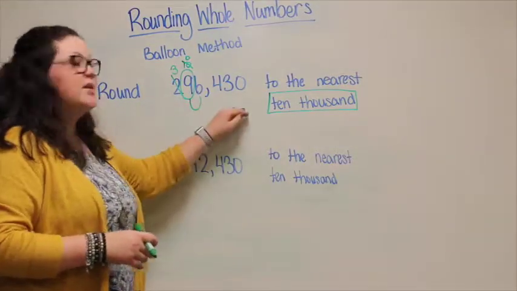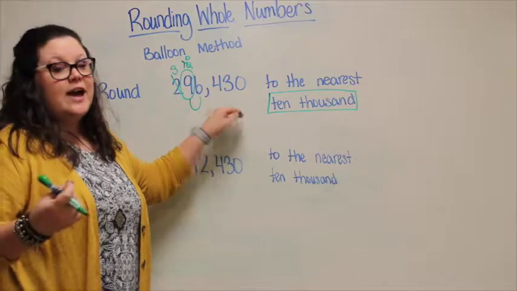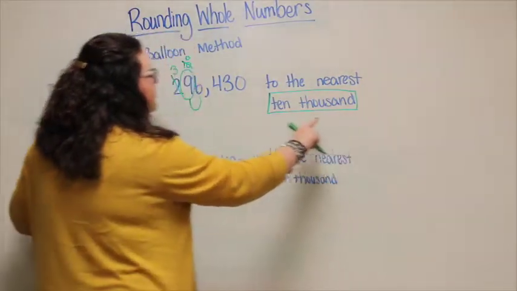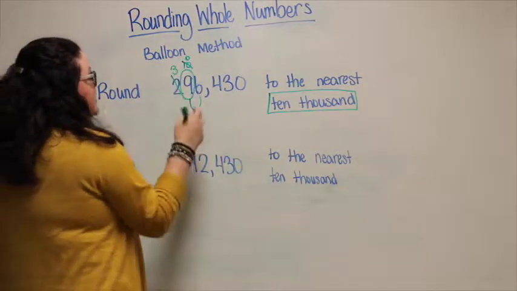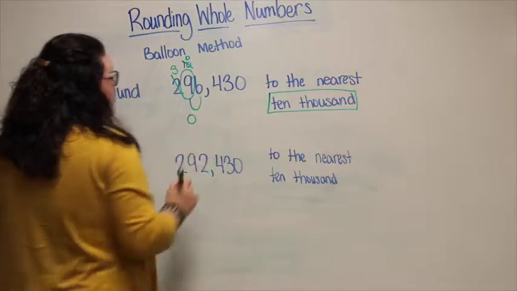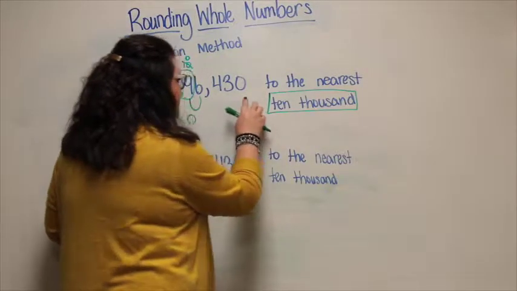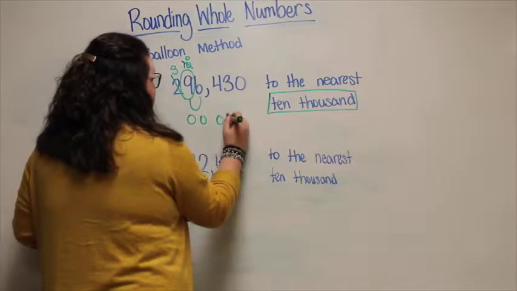So now that I know what's going to happen to my numbers, I can write my new number that has been rounded. The place value that it asked me to round to was 10,000. So I write the digit that is in my 10,000s place. Everything that is less than that digit turns into a 0.